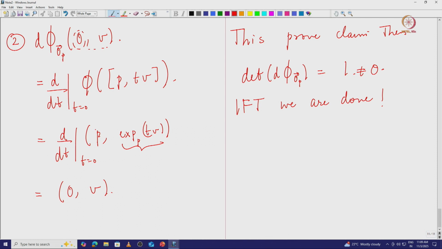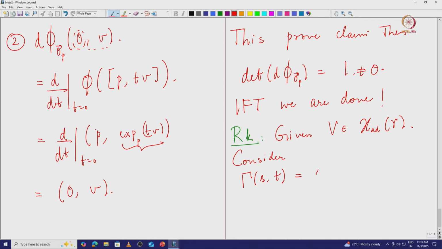All right. So let me end this lecture with the following remark, just a general remark about exponential maps. Suppose I am given any admissible vector field along gamma, then one can consider capital Gamma(s, t), which is simply the exponential map at gamma(t) of s times V(t).